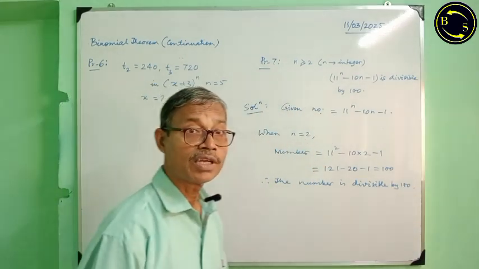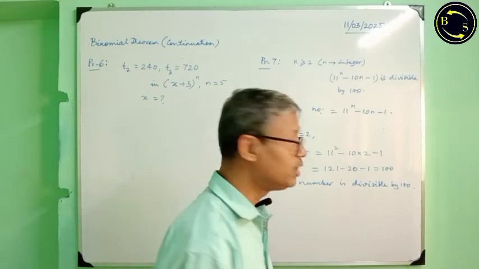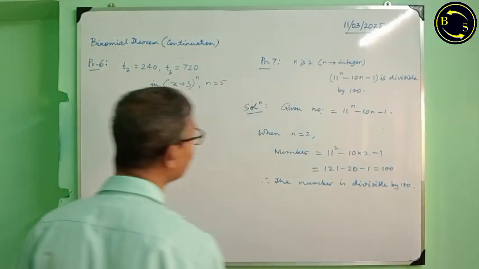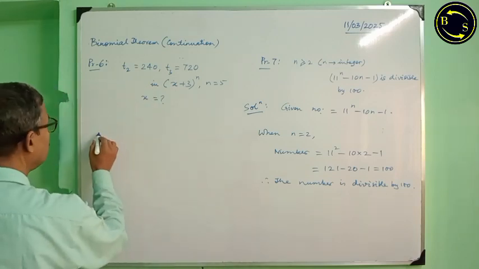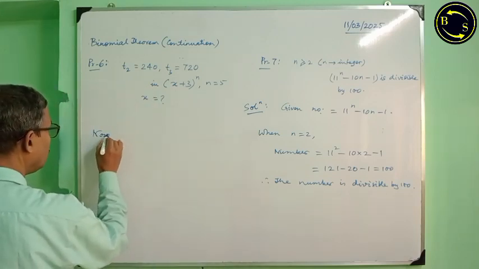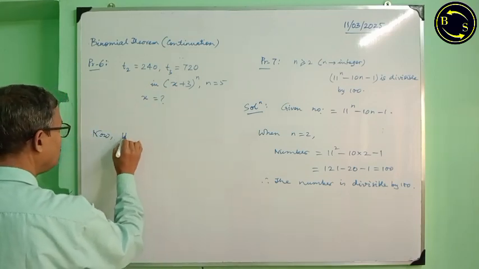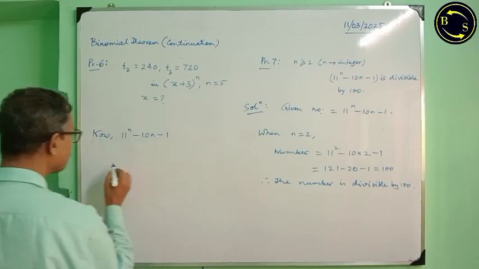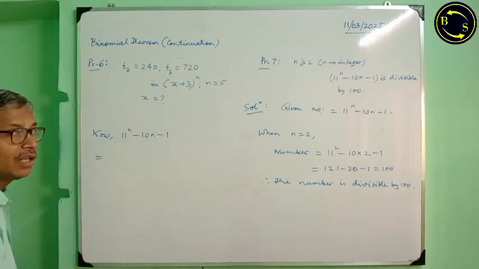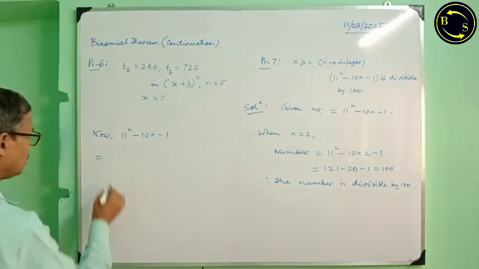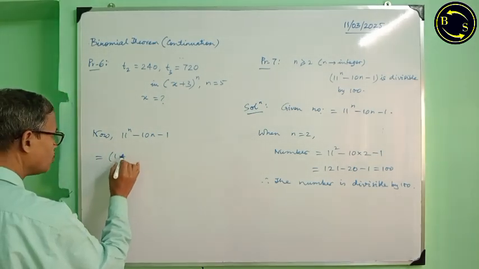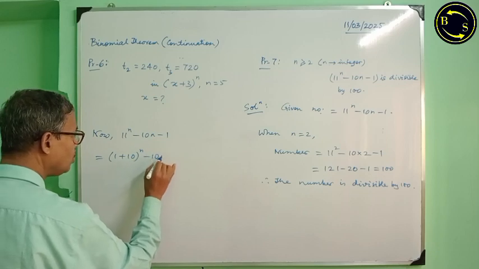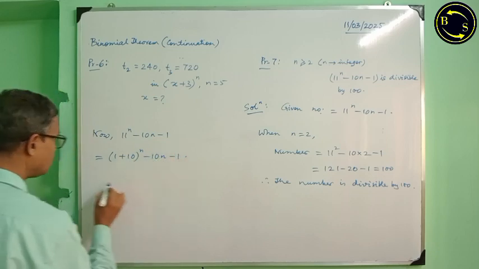Now, if n greater than 2, of course integer, then what will be the process? Now, 11 to the power n minus 10n minus 1. I can write 11 as 1 plus 10, then (1 plus 10) whole to the power n minus 10n minus 1.